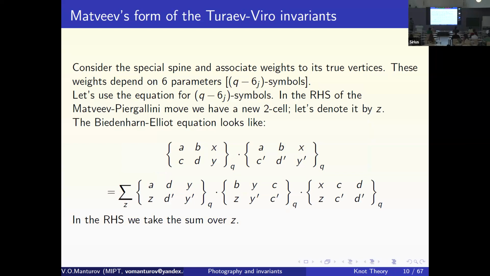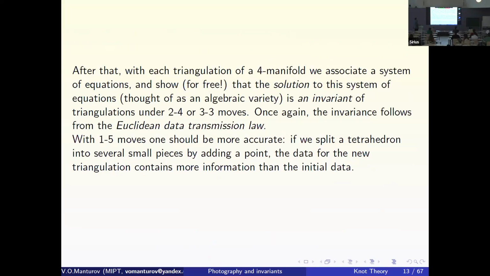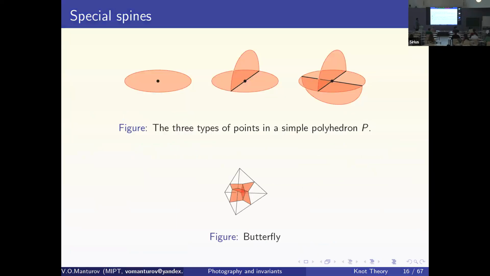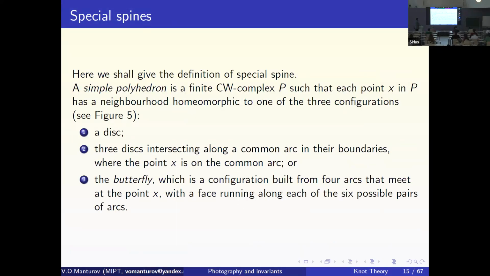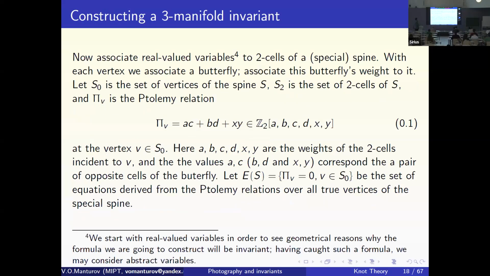And that led us to our paper with Nikonov, and in the paper with Nikonov, we formulated a theorem. So here are butterflies, here are exact definitions. So actually, we constructed a system of equations.